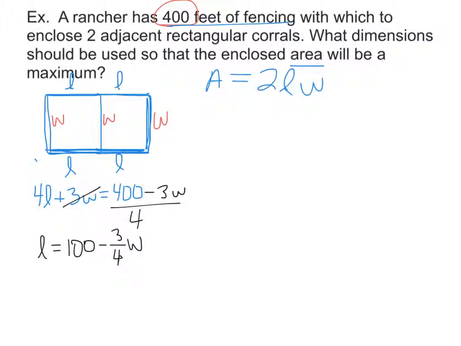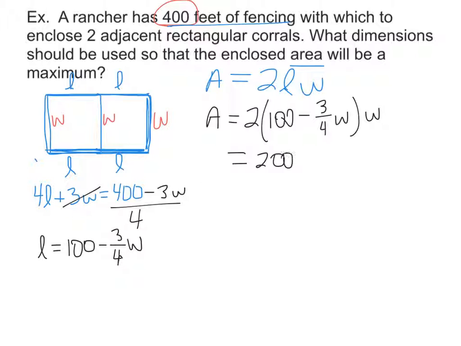Okay, so I'm going to plug that into my primary equation so I get everything on the right side down to one variable. So 2 times L, we just solved for L, was 100 minus 3/4 W, times W. Okay, so if I distribute, we're going to have 200W minus 3/2 W squared.